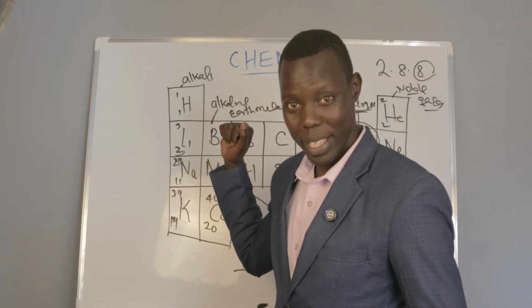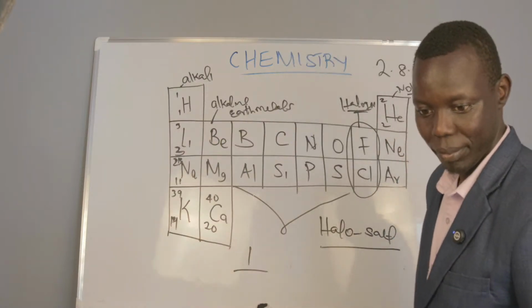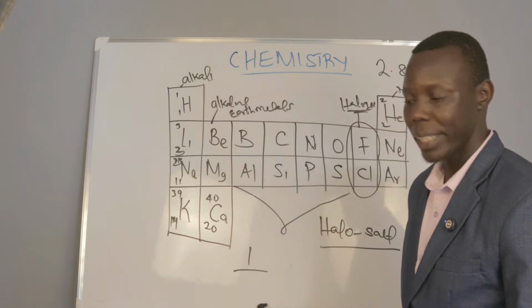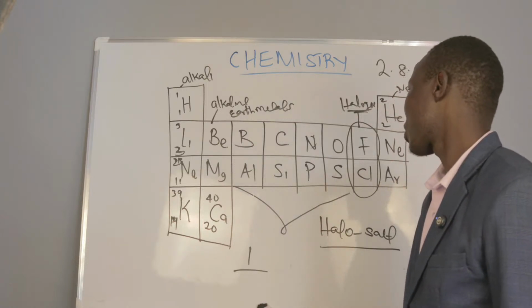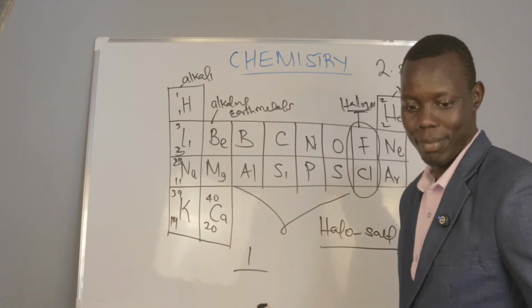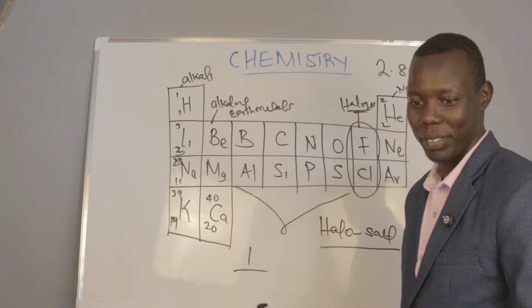Are you getting me? But no one wants to answer me. What is the other element that can be found in 2 groups? With explanation.